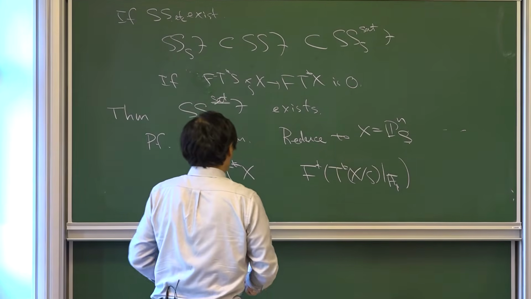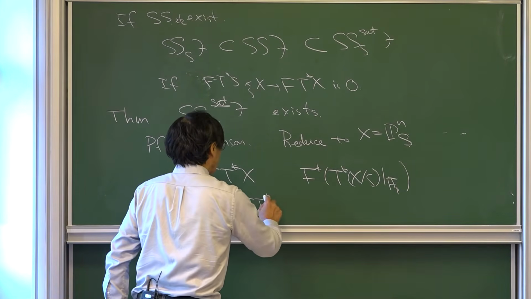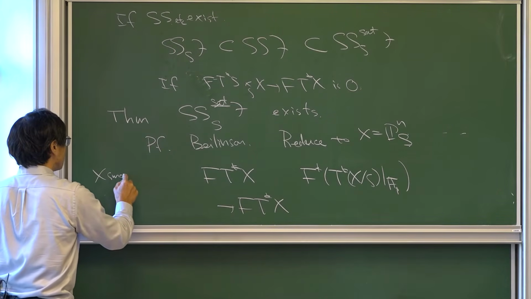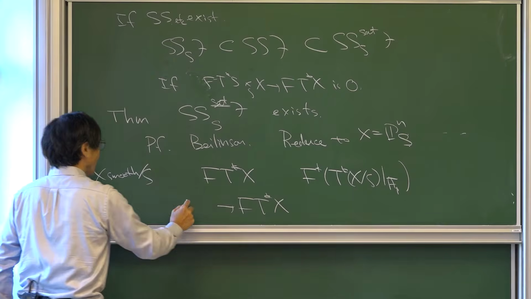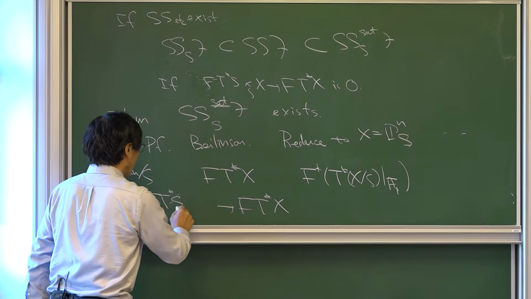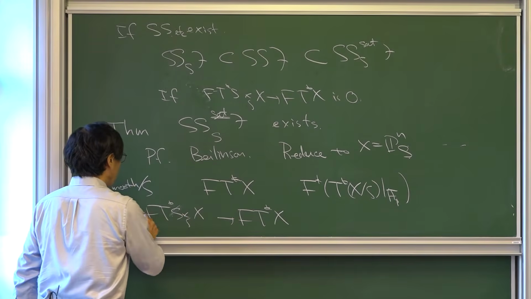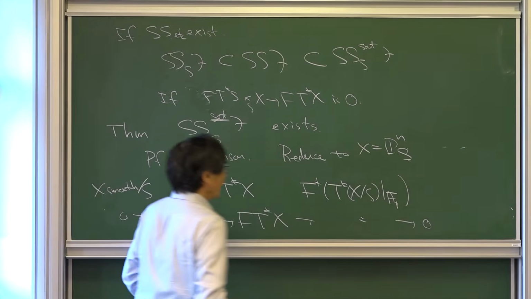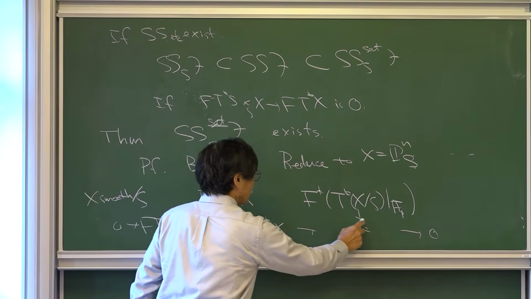Because if X is smooth over S, then we have this exact sequence.